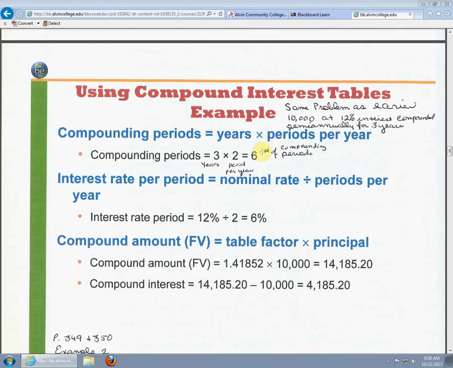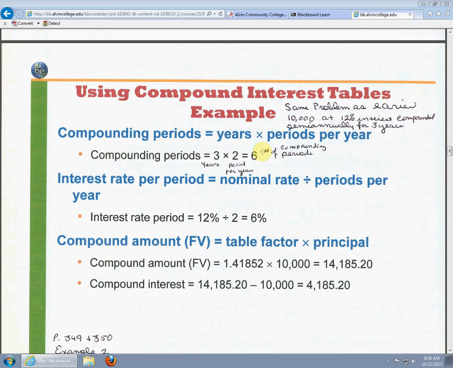So the first thing is figuring out our compound periods. We had 3 years. It was semi-annually, so that's 2 times a year. So we've got 6 compounding periods. The interest rate, we had 12%, and we have 2 compounding periods in a year, so it's 6% per period.